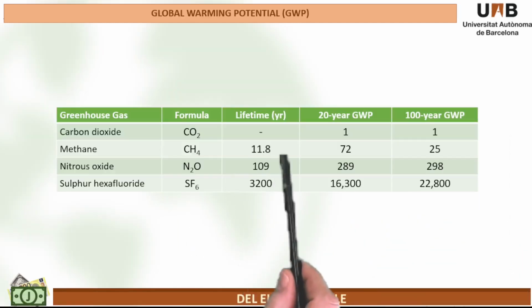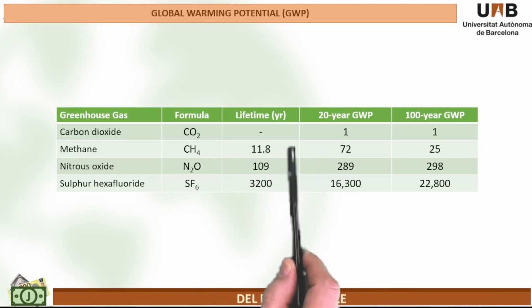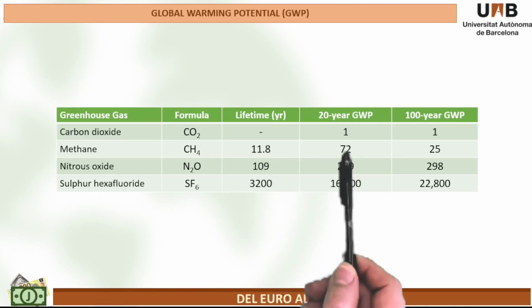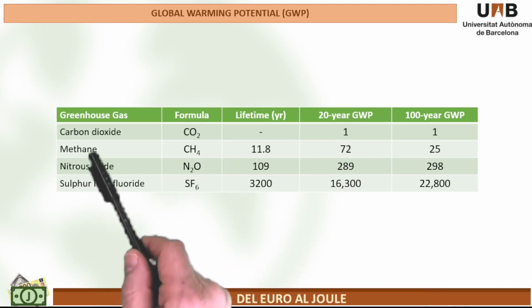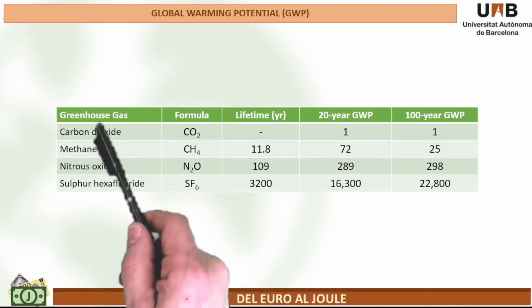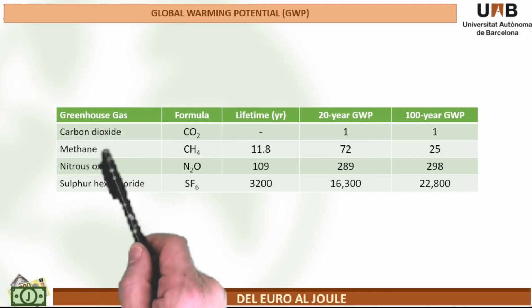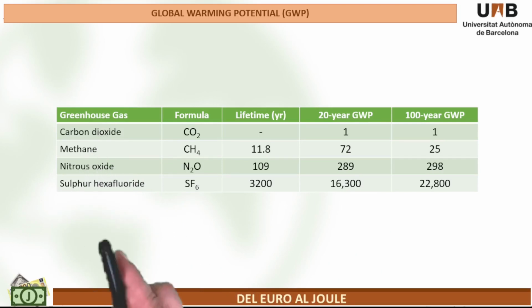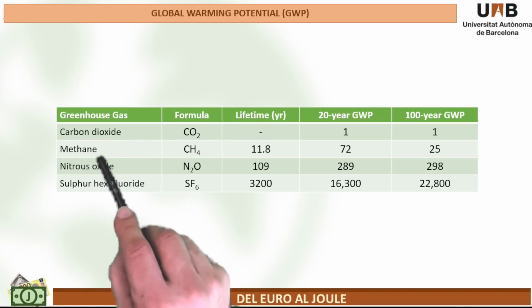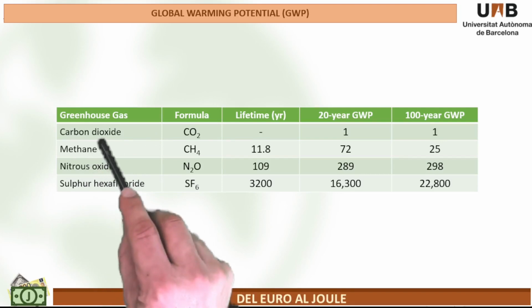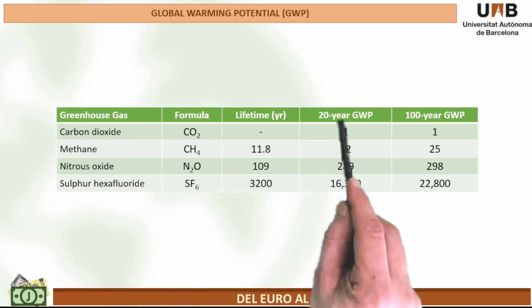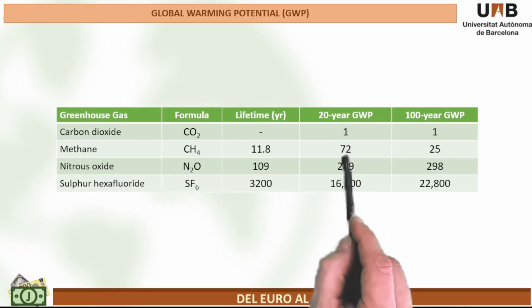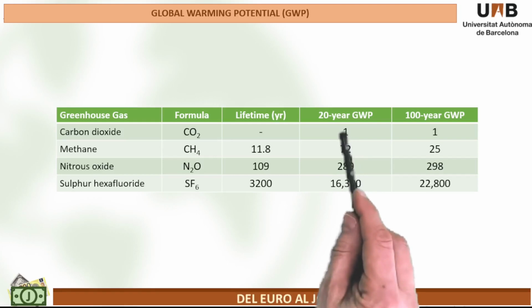This allows us to calculate the average warming potential at different years. And if we compare methane with carbon dioxide, we have said that methane is 80 times more powerful in warming potential than carbon dioxide, but because of this difference in persistence, at 20 years it is like saying that it's 72 times larger than carbon dioxide.